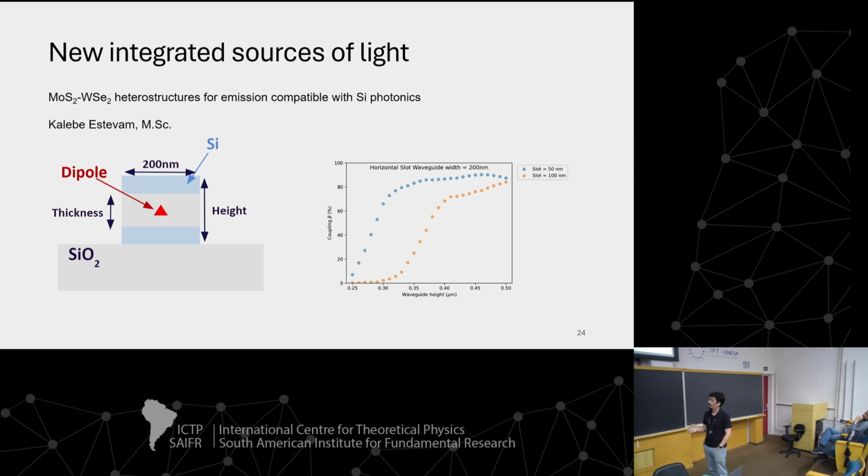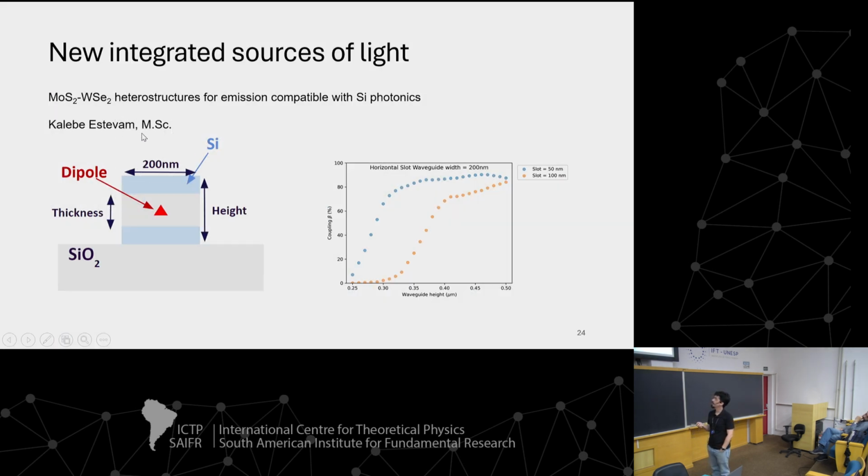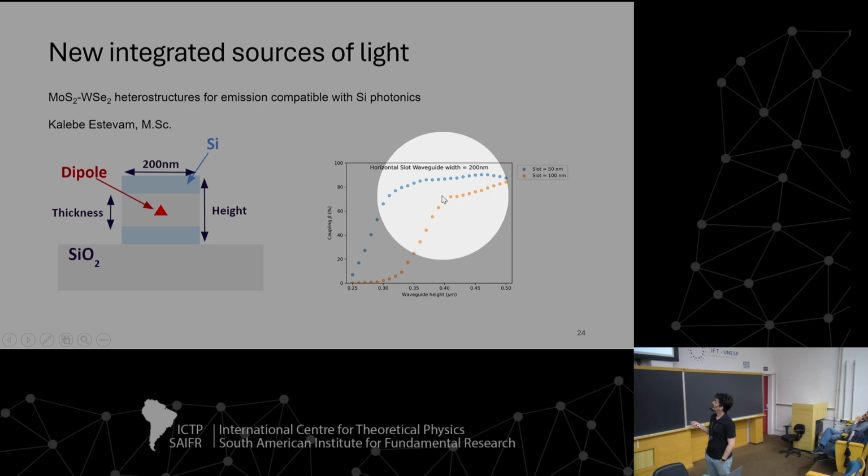Recently, Kalebi finished his master's, and we studied new ways to integrate these sources of light into waveguides. His main result was to find out that you can actually get very high coupling, over 90% sometimes, or certainly over 80 here, of light emitted from a 2D material, for instance a dipole, or it could even be a quantum dot, into this photonic structure.